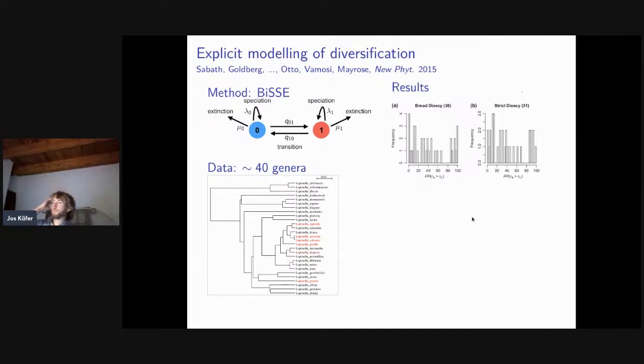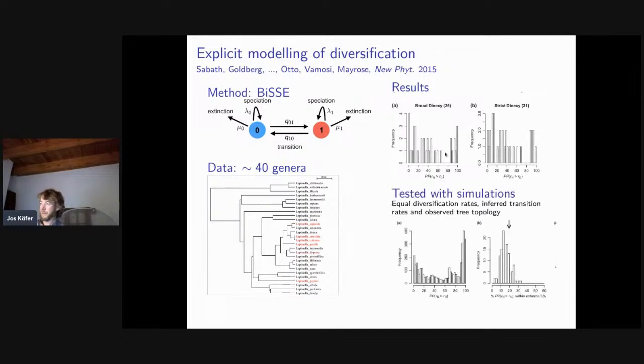So they knew, because they have all these wise people in their study, that you should be very careful when interpreting BiSSE results. So they tested this with simulations. What they took was the observed tree topology, and then they inferred the transition rates between dioecious and non-dioecious on them, and set the diversification rates to be equal.